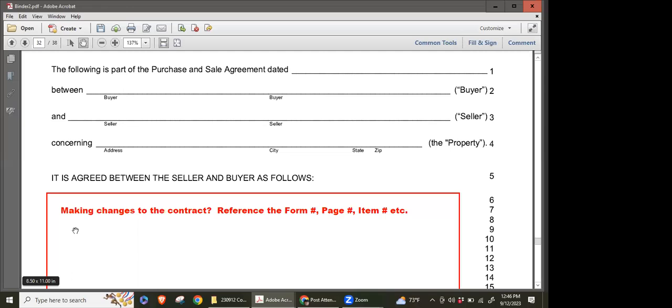The correct term is, if you're going to make a change in the contract and you're mutual, then start out, number one, reference form, the number, page number, item number, etc., and then put change to read or change to 12 days or whatever it is you're going to do. This makes it very clear and easy for escrow to know exactly, specifically what you're changing.